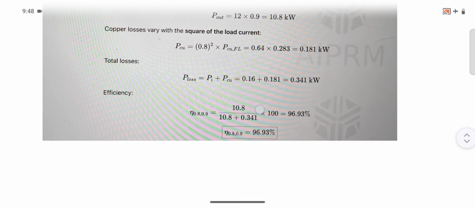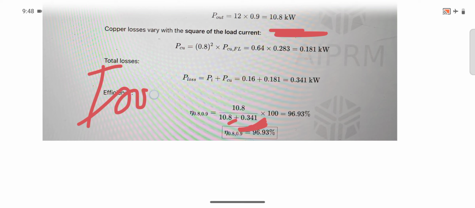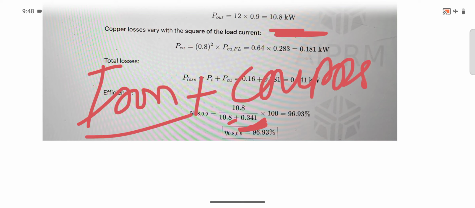Now we apply the efficiency formula. Output power we have calculated as rating into power factor, and this is our loss. The loss is iron loss plus copper loss. Iron loss is always constant, it is given in the question.